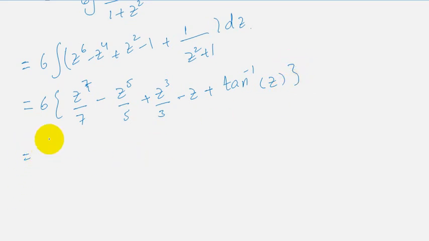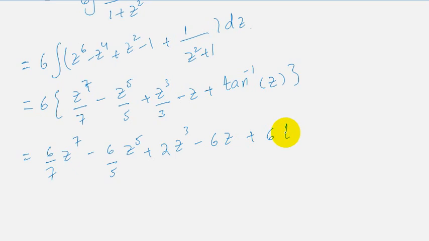Next step, we can write it as 6 upon 7 z^7 minus 6 upon 5 z^5 plus 6 upon 3 is 2 z^3 minus 6z plus 6 tan inverse of z.